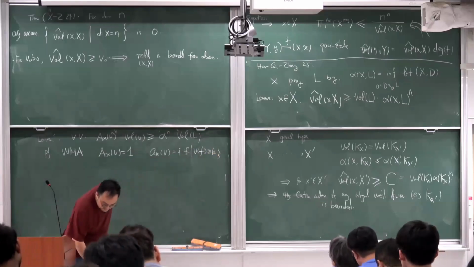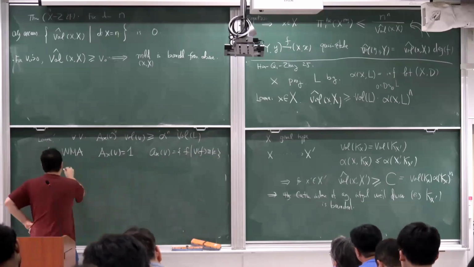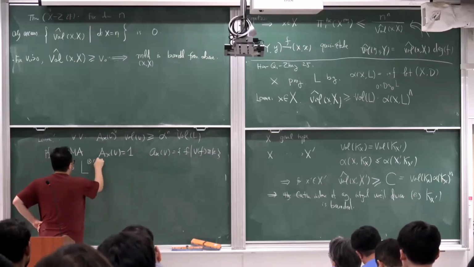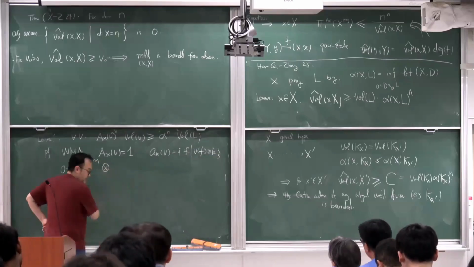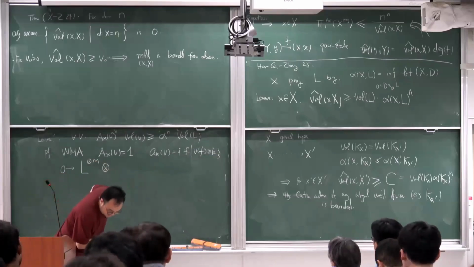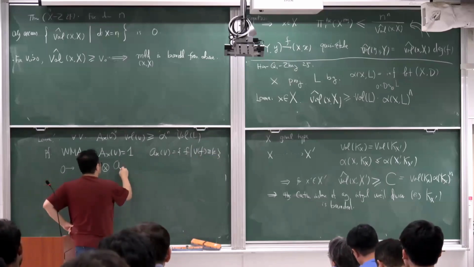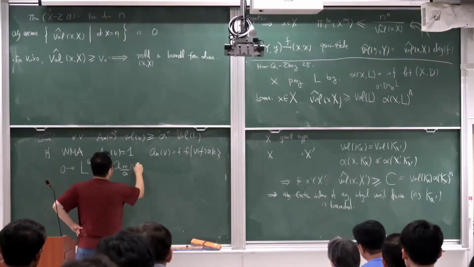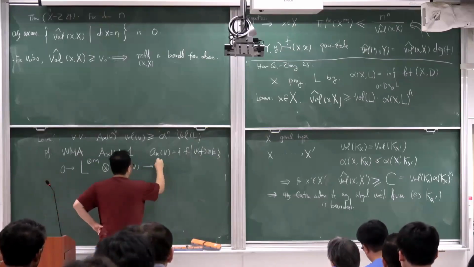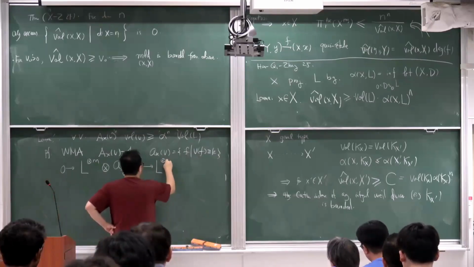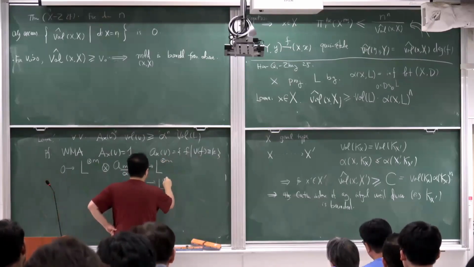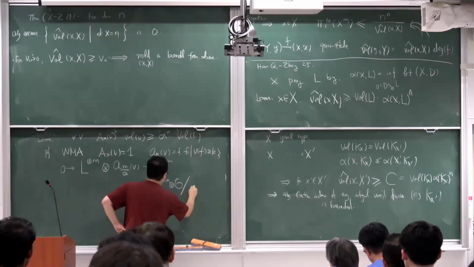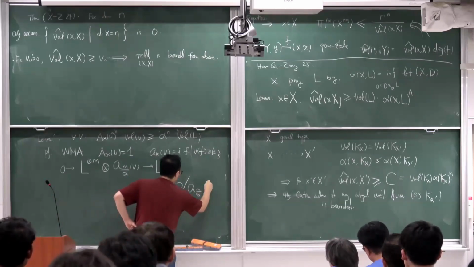then I look at the exact sequence of tensor M. Okay, let me just make sure my numbers are correct. This is a_m divided by a_{m+alpha}(V), mapping to L tensor M, mapping to L tensor M tensor the O-module a_m divided by a_{m+alpha}.